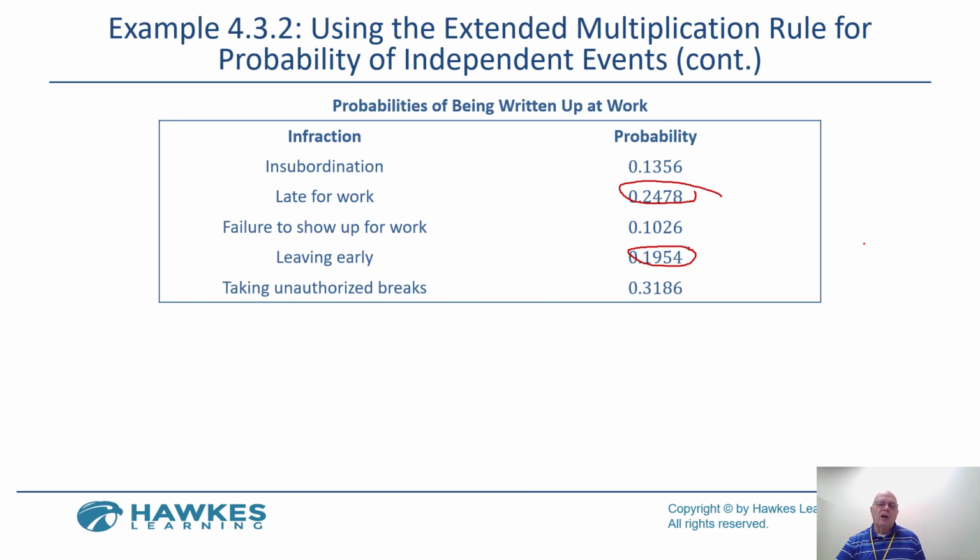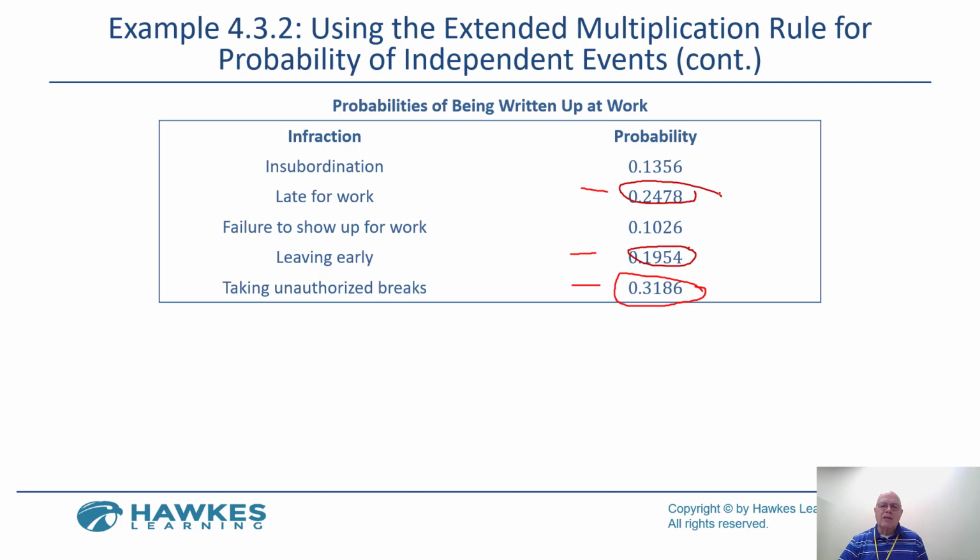So here are the probabilities we're interested in: late for work, leaving early, unauthorized breaks. What's the probability that an employee is flagged for all three of those?